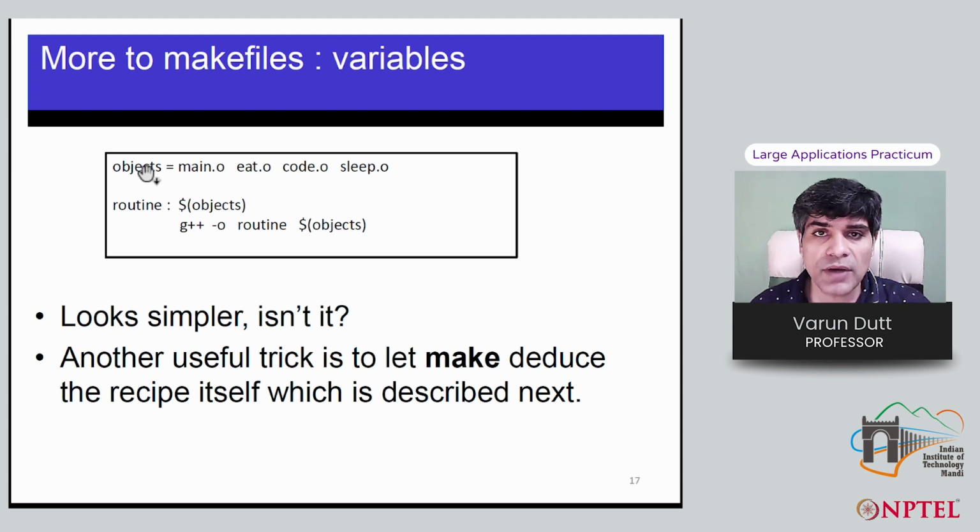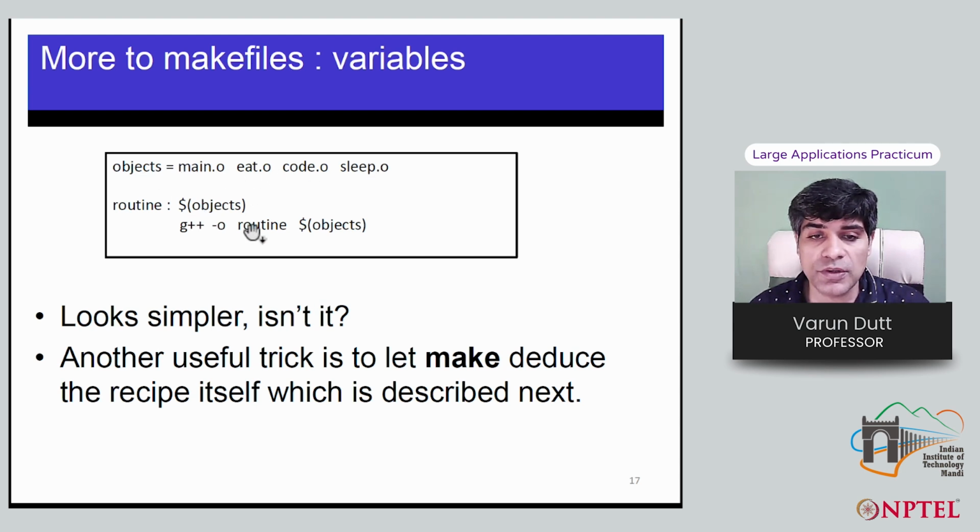You can define a variable called objects, which has main.o, eat.o, code.o, sleep.o. Then you can define the same routine rule, and rather than writing main.o, eat.o, code.o, sleep.o, we will write $(objects) in brackets, which basically stands for this.